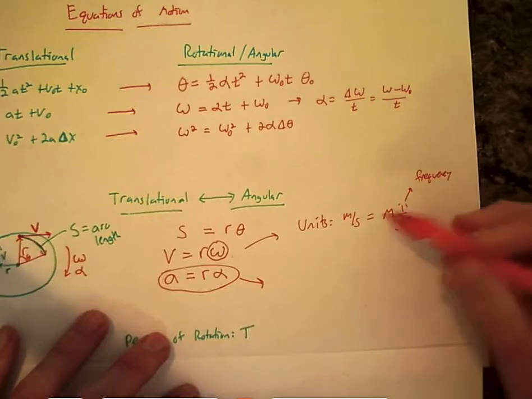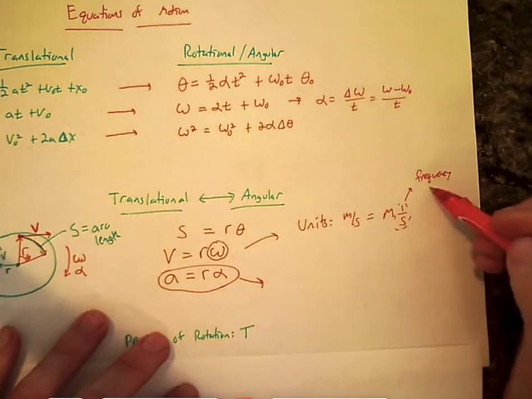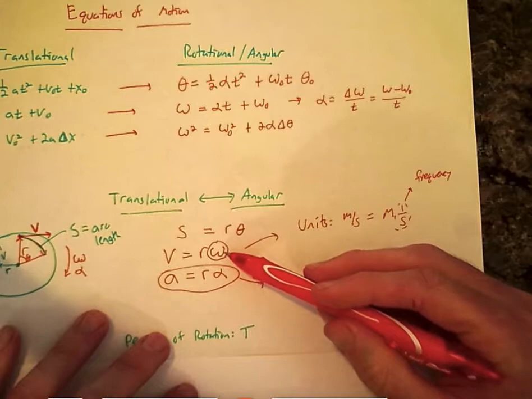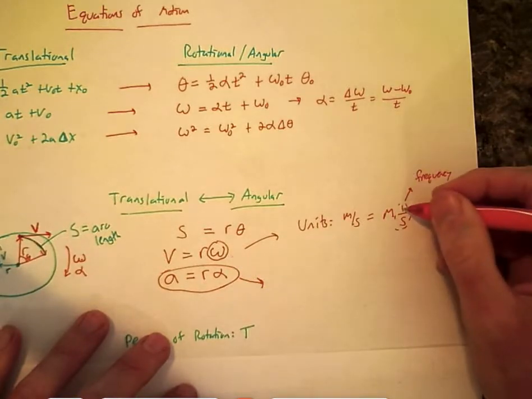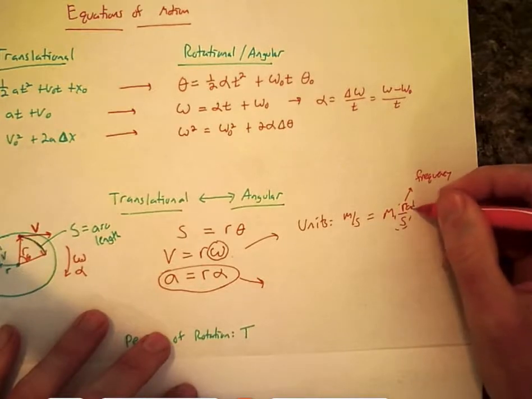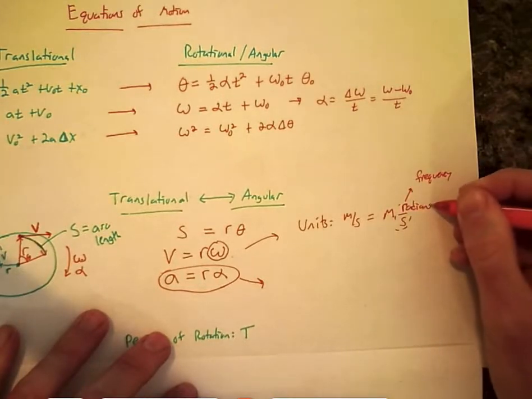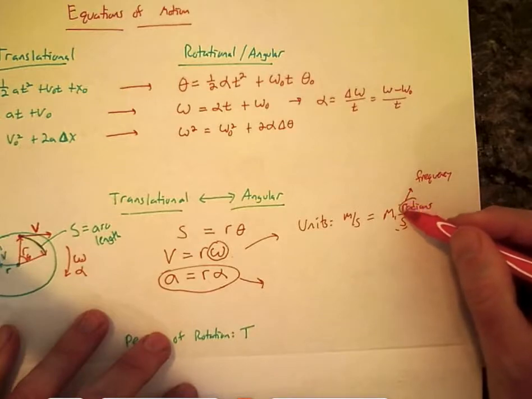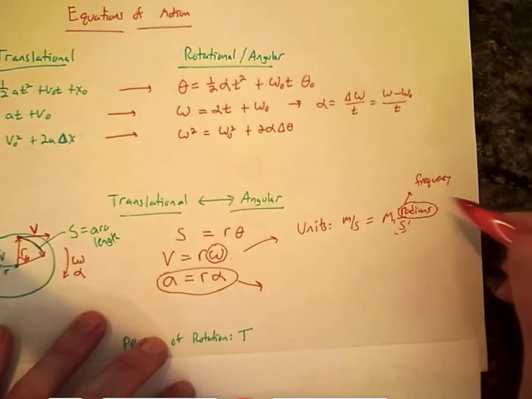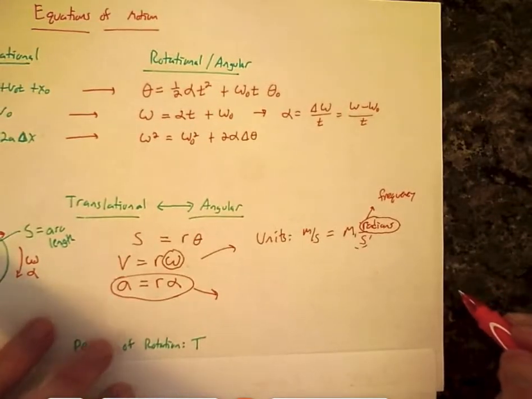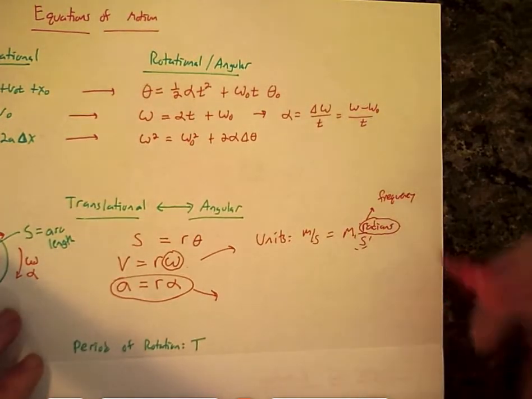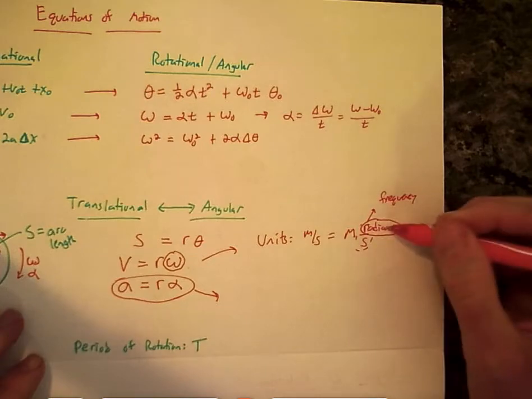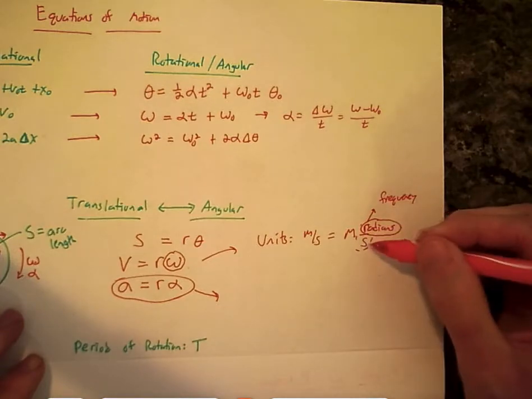So angular speed has the same units as a frequency, and sometimes you'll see omega actually used as a frequency. You might be tempted to write radians per second up here, which is totally fine to write as well. But it turns out that radians aren't actually really things. It's a unitless quantity. There's no actual quantity to a radian. So you can just call it radians per second, or you can just call it per second.